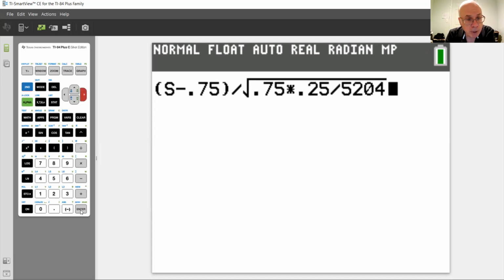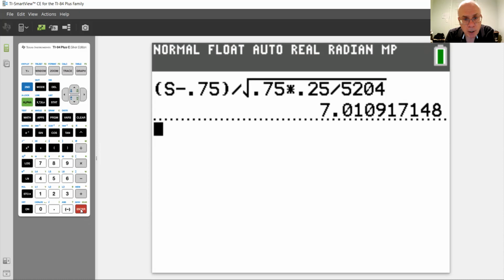And hit enter. Oh boy, this is a very large test statistic. I can tell you we're going to end up rejecting the null hypothesis, but let's just go through the motions here.